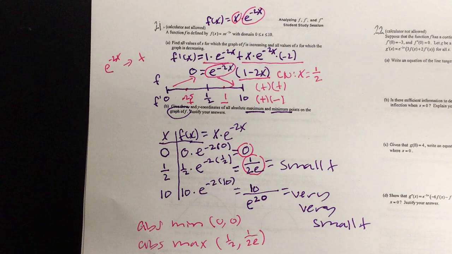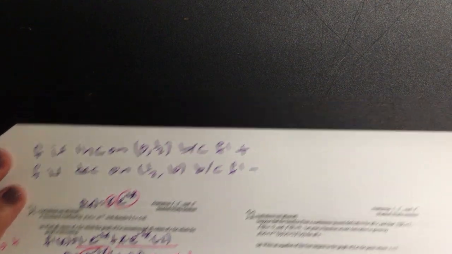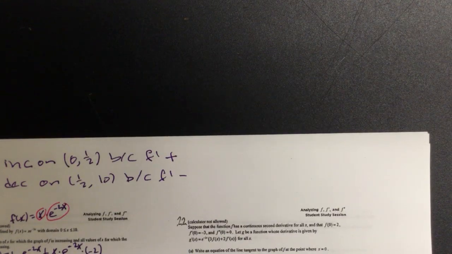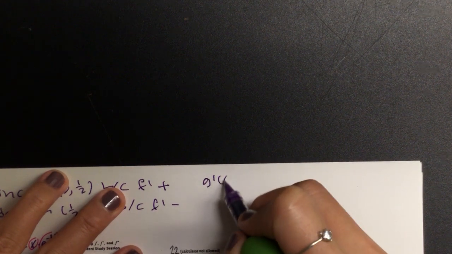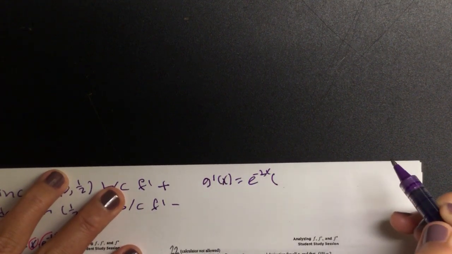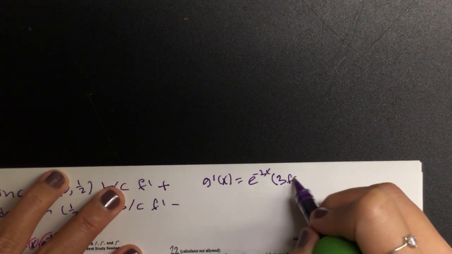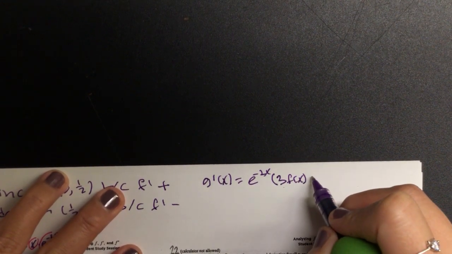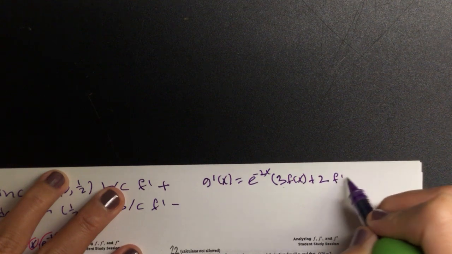Okay? For number 22, I may need a separate sheet of paper for part D only, so I'm gonna try to fit everything in here. Let's start by writing out the equation that's given since it's kind of tiny. So it's given that g prime of x is equal to e to the power of negative 2x times (3 f of x plus 2 f prime of x).